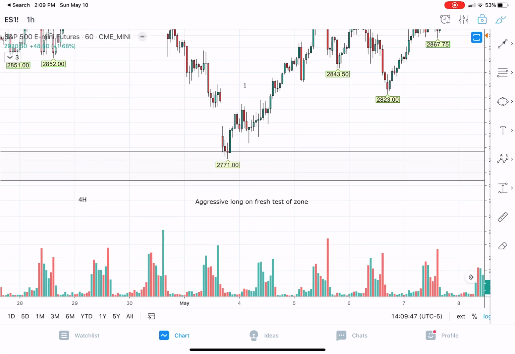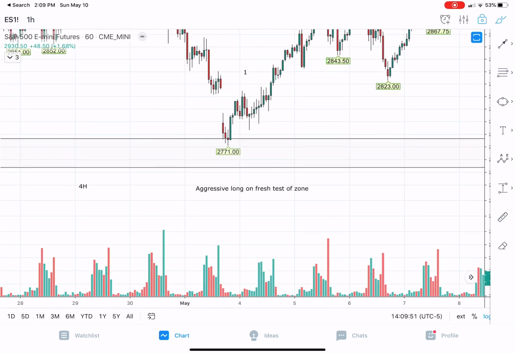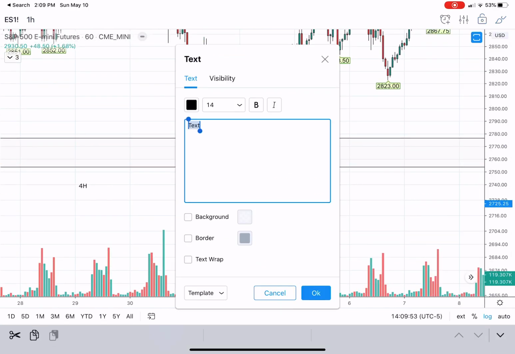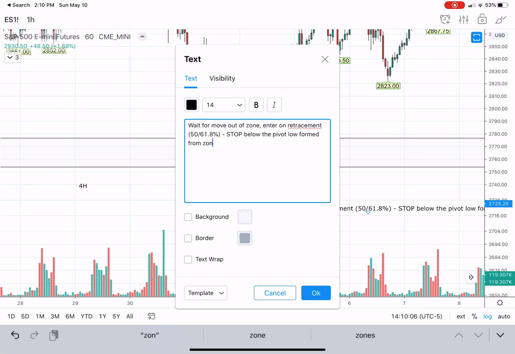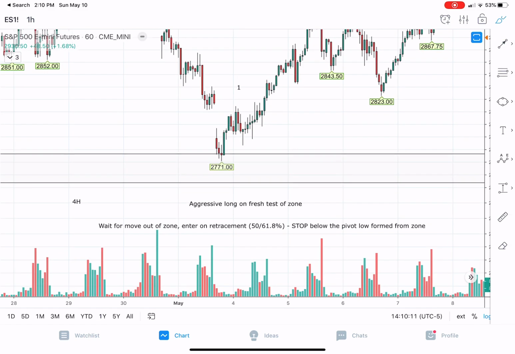So obviously, option 2 to play this would be to, again, wait for a move out of the zone, enter on a retracement, whether it's the 50%, 61.8%, or whatever, with a stop below the pivot low formed from the zone. So you would enter on this pullback.